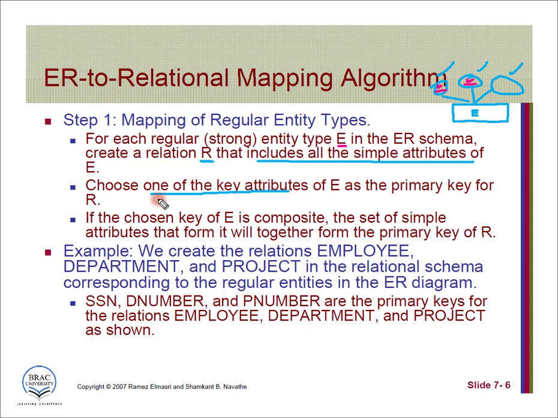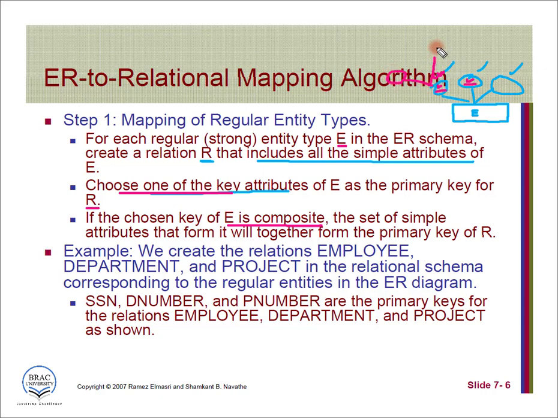So it says choose one of the key attributes of E as the primary key for R. R is the relation in the schema. If the chosen key of E is composite, what happens? If this is a composite attribute, then what will happen?